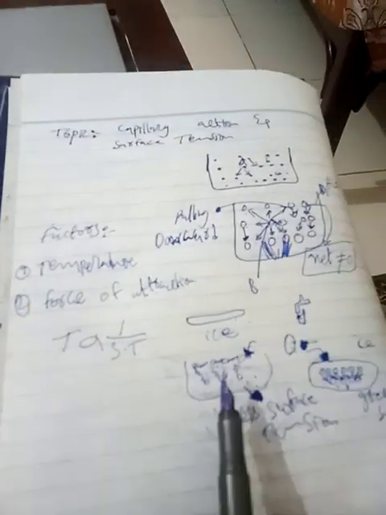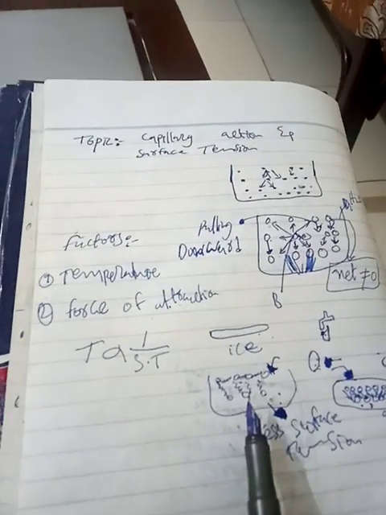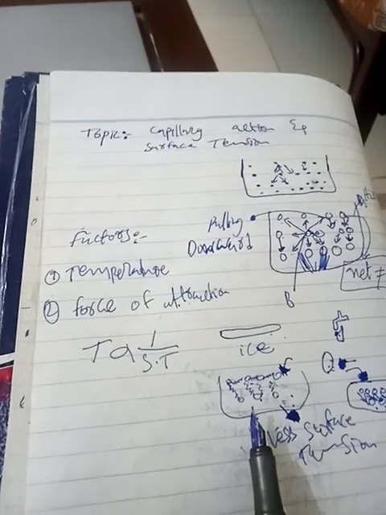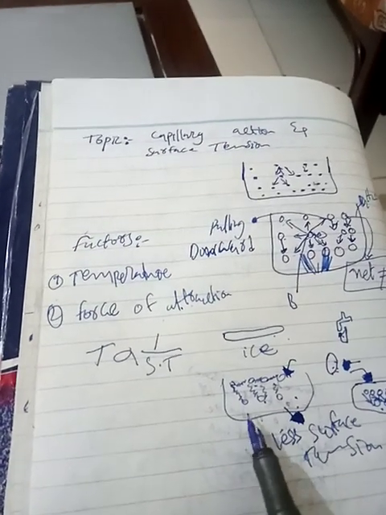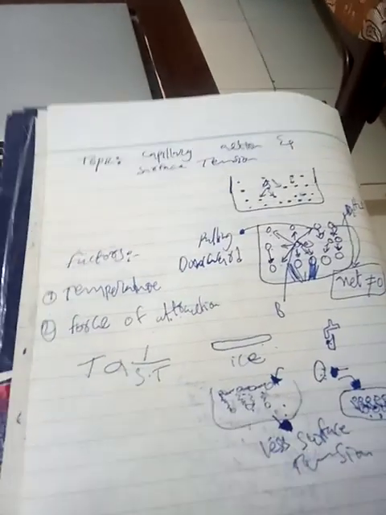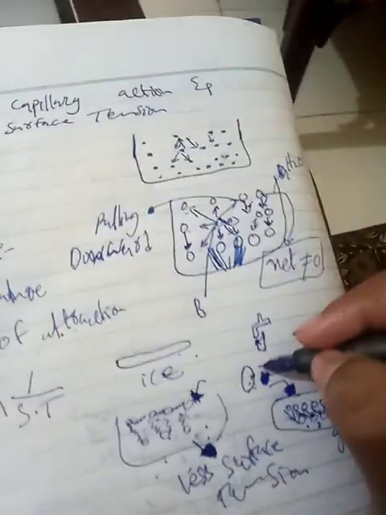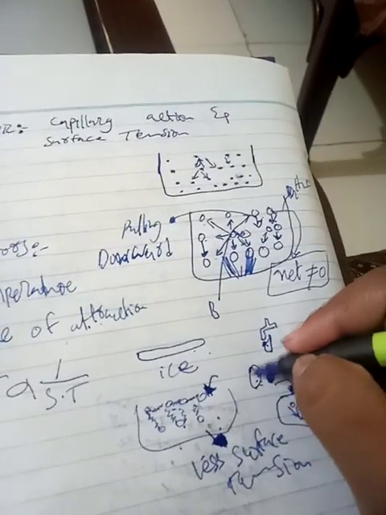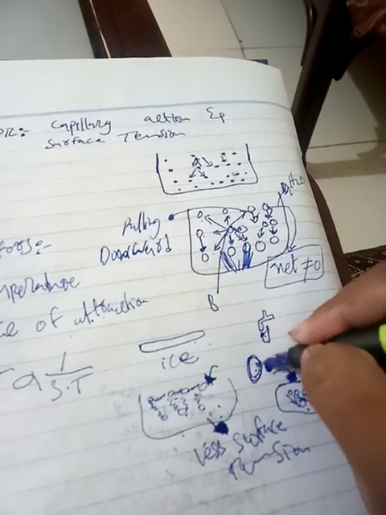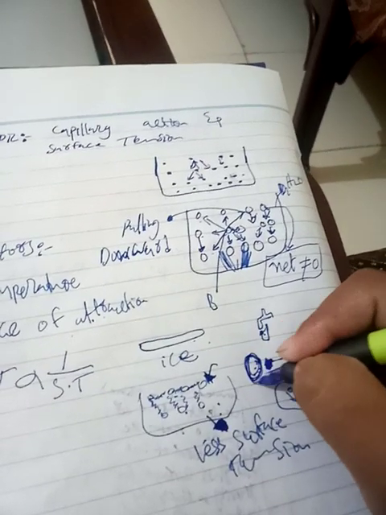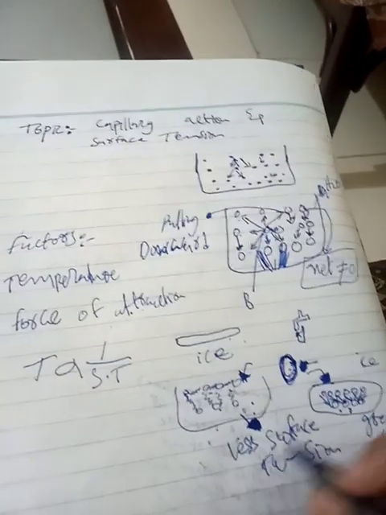Okay, so let's go through this one. Force of attraction, I can easily give you an example. For example, we have particles which are cohesive to each other, like here we have a spherical shape. How is it maintaining its position? Because of a force which is called cohesive force.